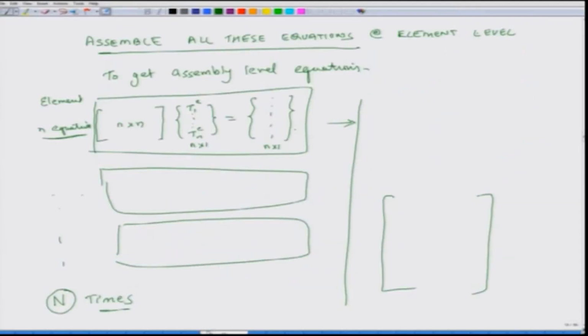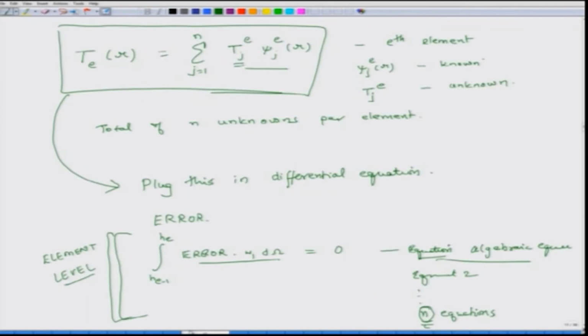First you develop element level equations. We will learn the mathematics of it later, but now I am giving you the procedure. You develop element level equations by computing the error, multiplying it by some function w1, and integrating it over the domain, and you get an algebraic set of equations. Because the error is a function of polynomial functions, you can integrate it very easily.